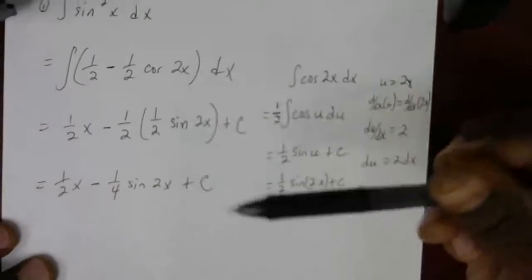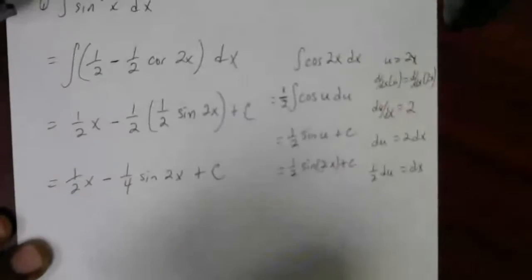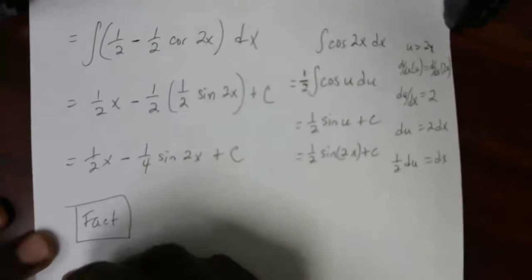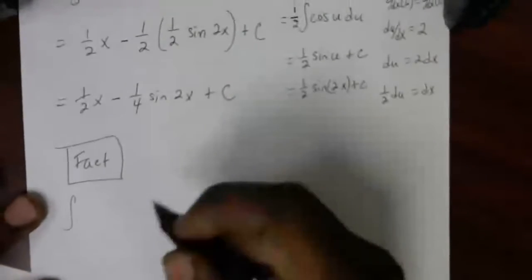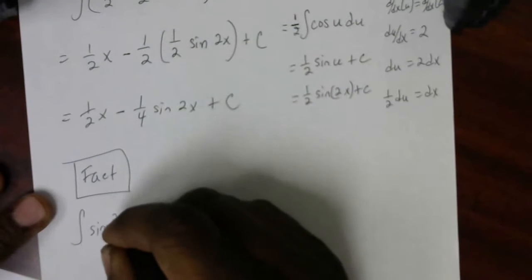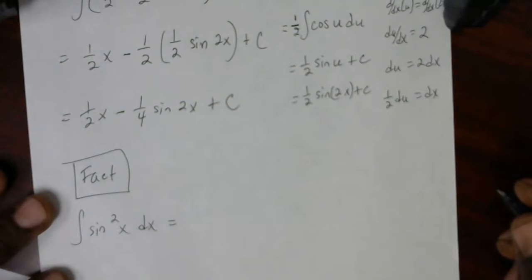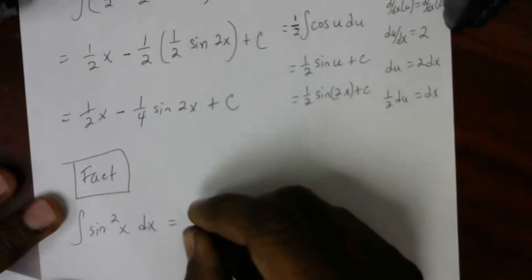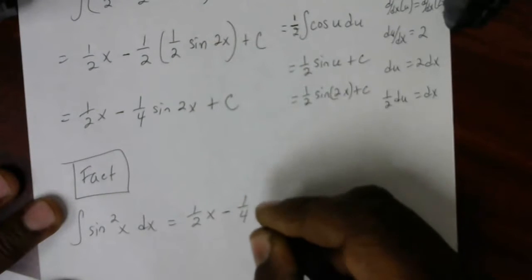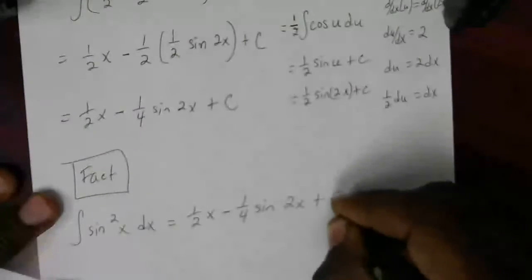So now we've derived this once, so now we're going to use it as a fact. This stands as a fact. The integral, and you can actually write this on the formula sheet, the integral for sine squared x dx is equal to 1/2 x minus 1/4 times the sine of 2x plus c.